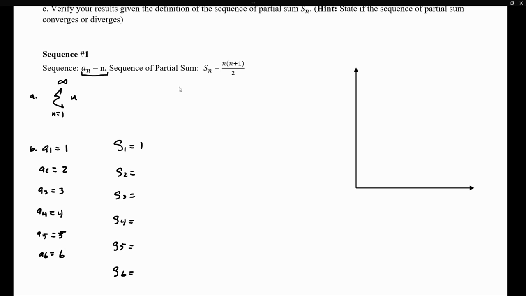The second partial sum is adding the first 2 terms, which is 3. The third partial sum is adding the first 3 terms, which is going to be 6. The fourth partial sum is the addition of the first 4 terms, so that will be 10. And if we continue doing this, the fifth partial sum is going to be 15, and lastly 21.